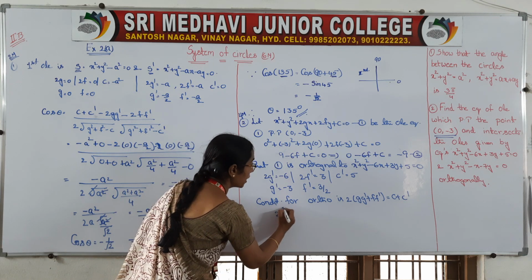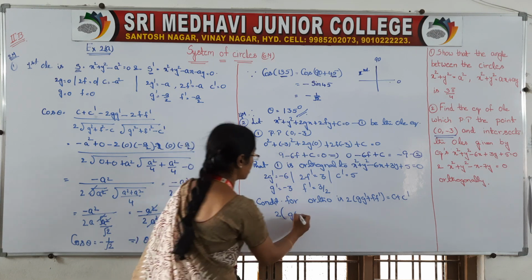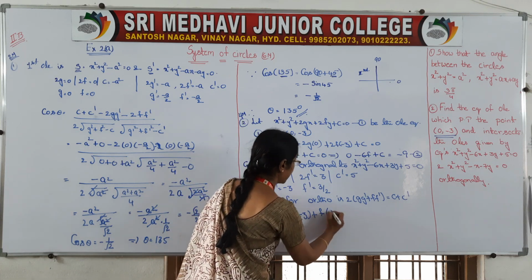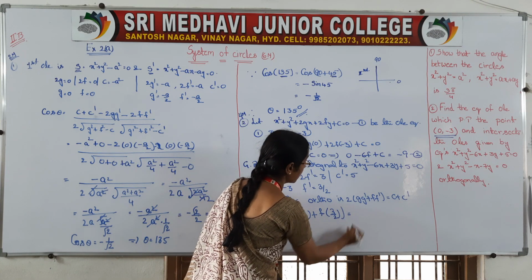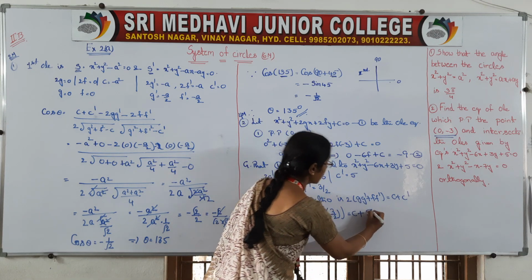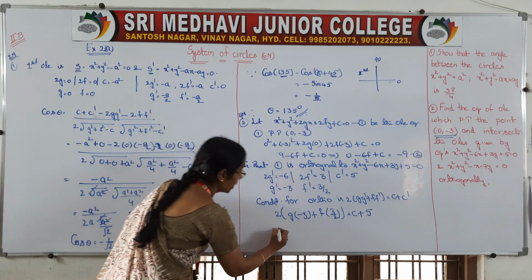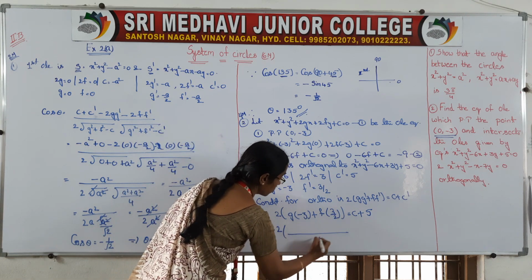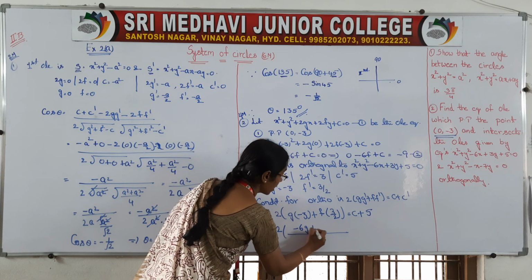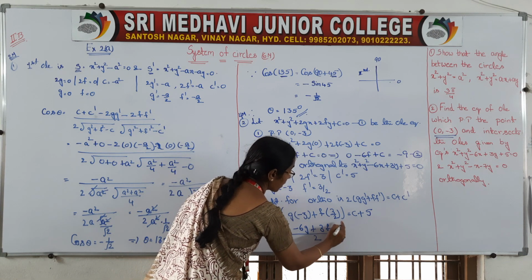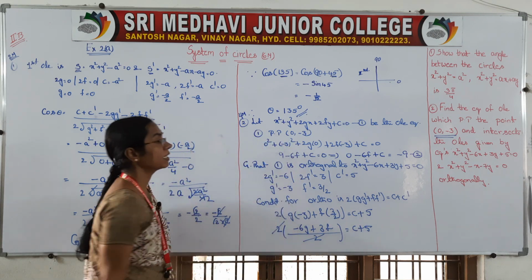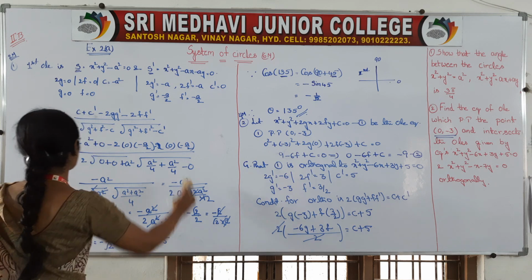So 2 into g dash, minus 3, plus f dash, 3 by 2, is equal to c plus, we are having c dash as 5. So come on, taking the LCM as 2, 2 threes are minus 6g plus 3f is equal to c plus 5. The 2 gets cancelled.